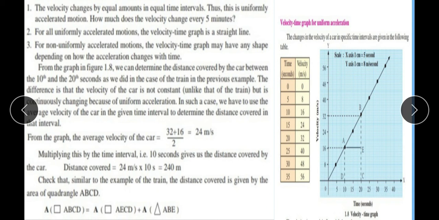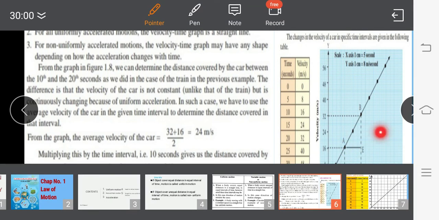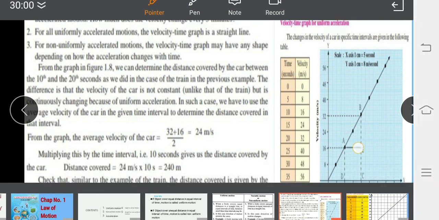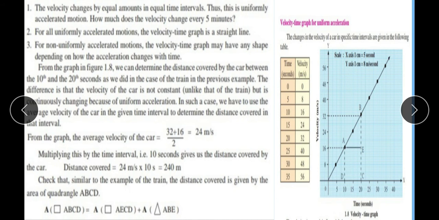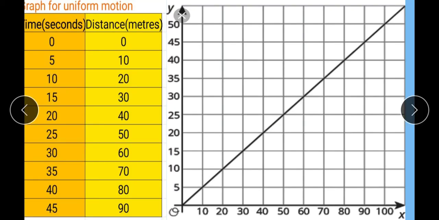So the total area of ABCD equals the area of rectangle AECD plus the area of triangle ABE. So we get the same answer, that is 240 meters.